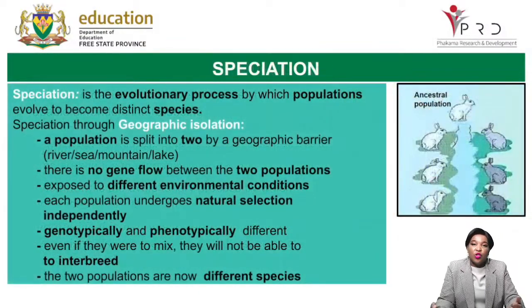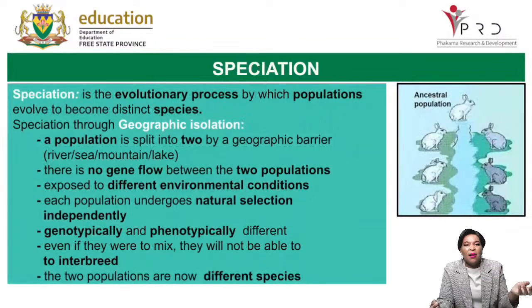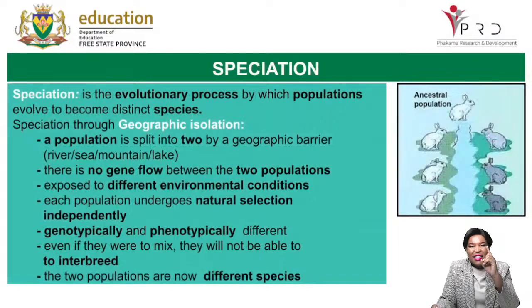Then another thing that you need to know with natural selection is speciation. How do you define speciation? You can get a question asking about the different types of plants or animals that were in the same area, but now they were separated. Once they say they were separated, take note of what? The ocean, a mountain, a lake, a river, because that is your geographical barrier.